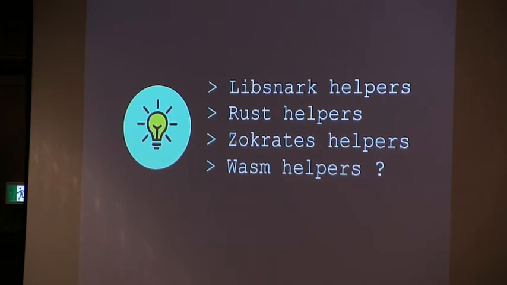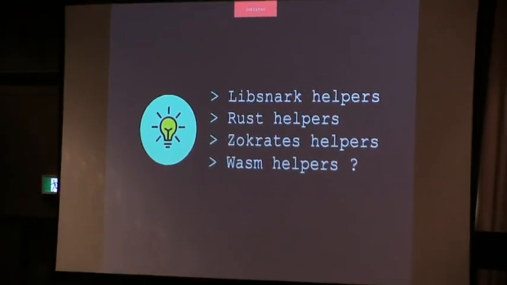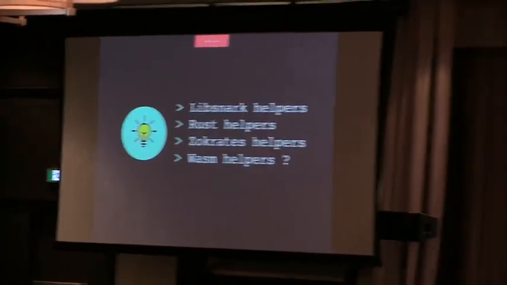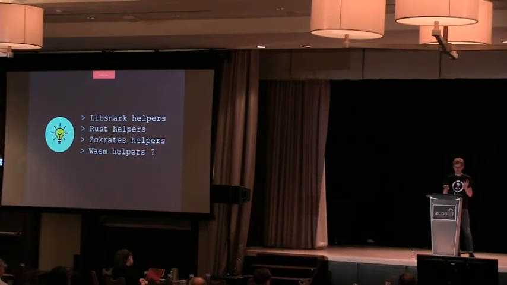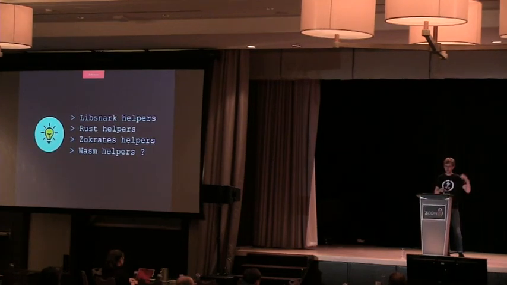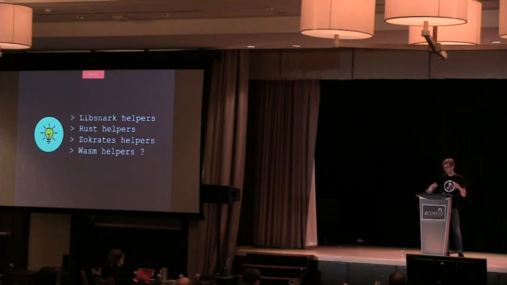But maybe there's one final caveat with this standard: even though we have defined everything that's needed to port a gadget into another library, we still have two elements that are completely separated. On the one hand, we have the constraint system, which gets imported. And then when trying to execute the program, we have to call this other library, Libsnark, and find a witness.